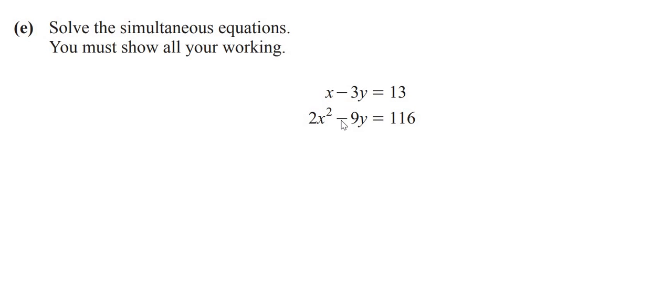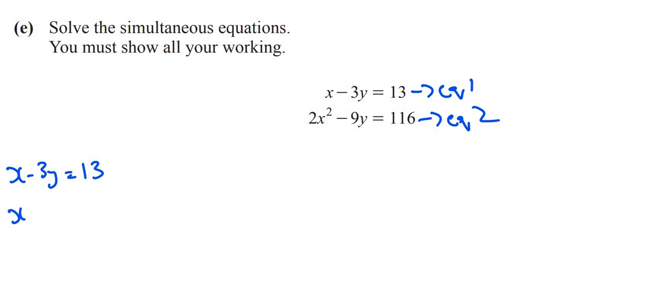Next question says solve the simultaneous equations. The best way to do this question is to use the substitution method. Let's say this is equation 1. Let's say this is equation 2. Let's use substitution. x − 3y = 13, so x = 13 + 3y.